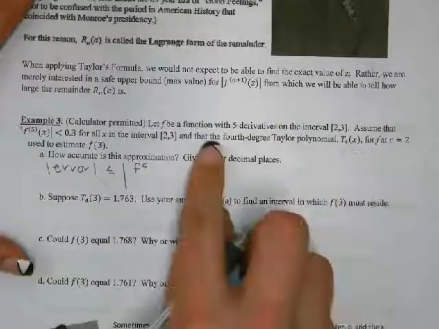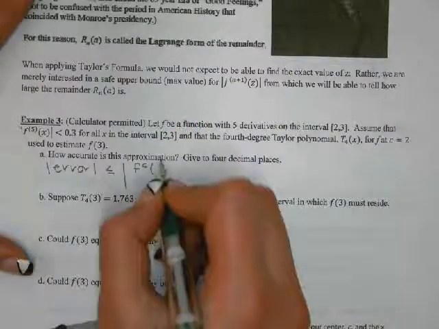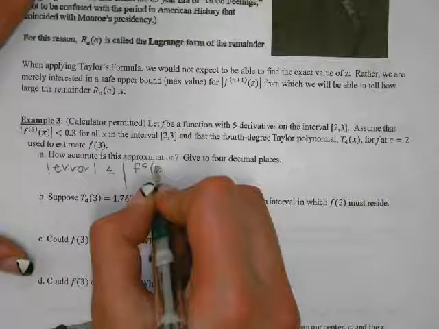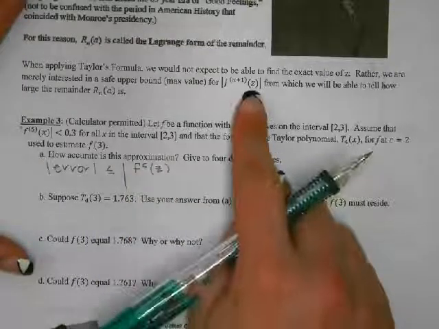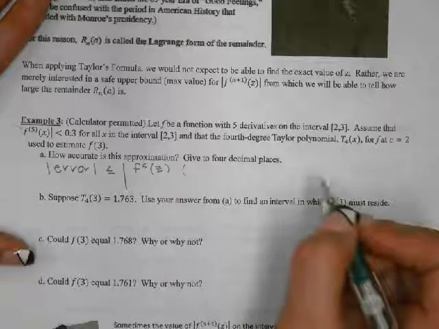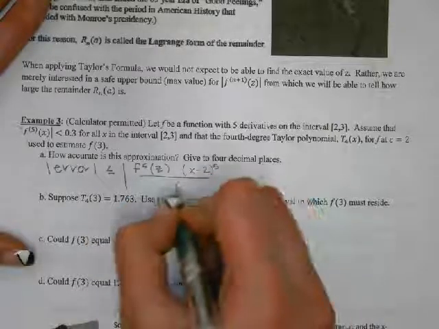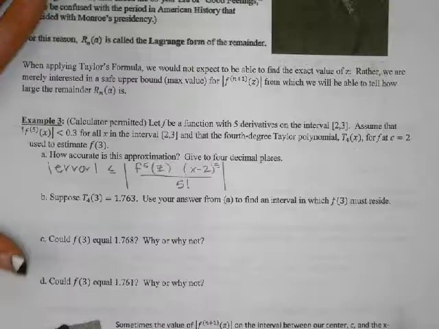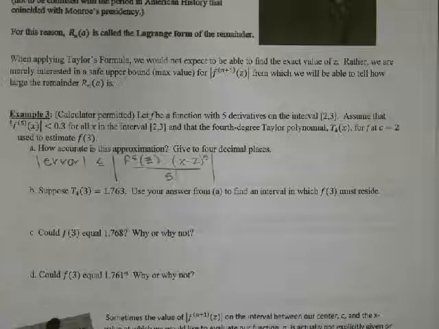Since this is a 4th degree, I have to go up by 1. 5th derivative, and I'm going to be plugging something in here. I don't know what they plugged in. If you look in here, you can see that they put a z in for that sometimes. And then we're going to have x minus 2 to the 5th power over 5 factorial. The reason I knew that I was using 5s in all these places is because this said 4th degree and I'm going up by 1.